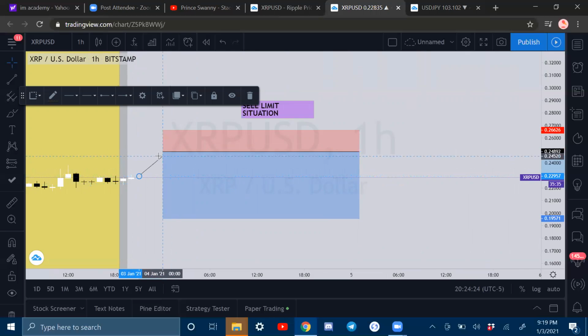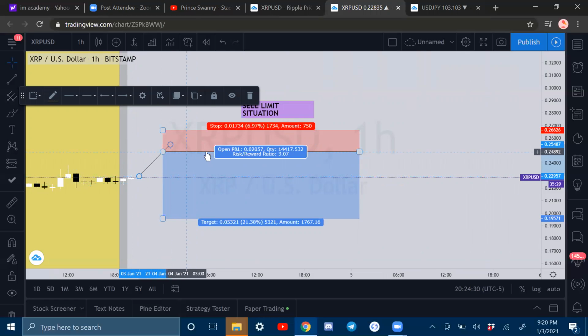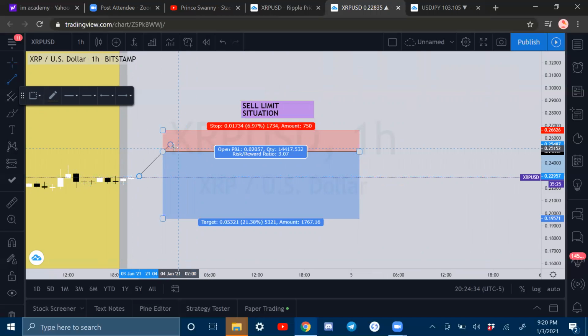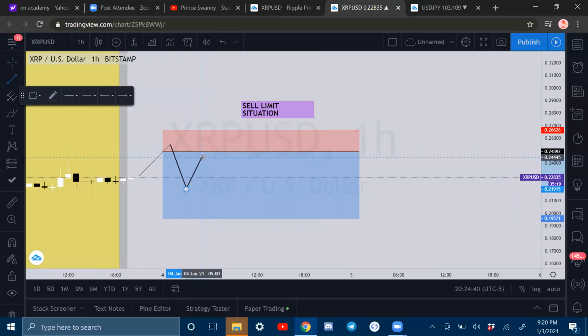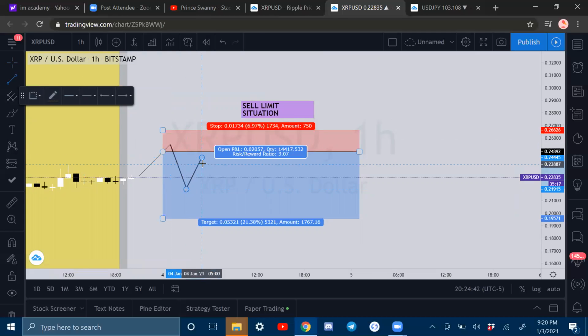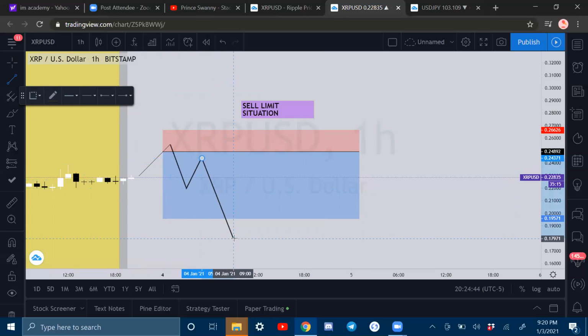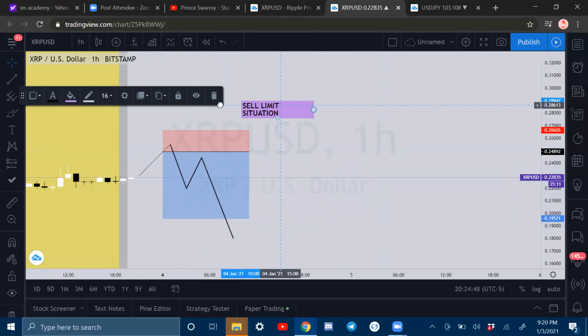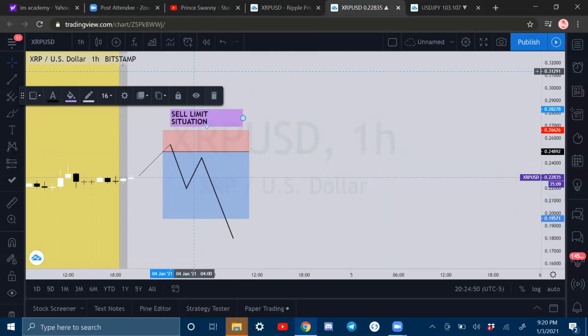So basically, when price comes up here, that's when the trade would activate in your trading account, MT4 account. And that's where we'll see some more movement, something like this maybe. And we're looking to hit our take profit because we're indicating a sell. So price could do something like that. So that's a sell limit situation.